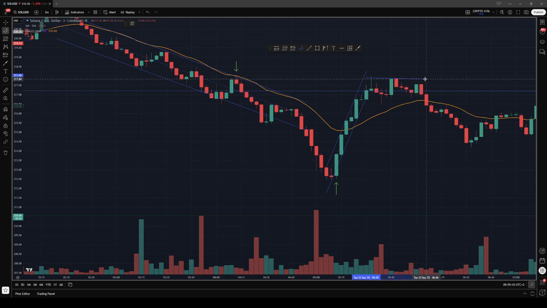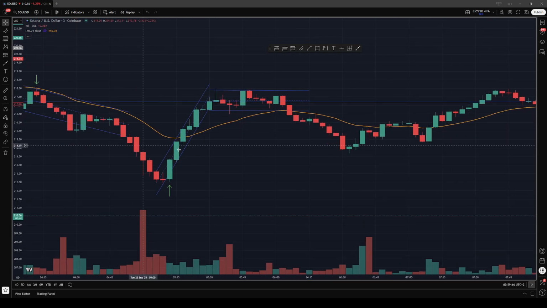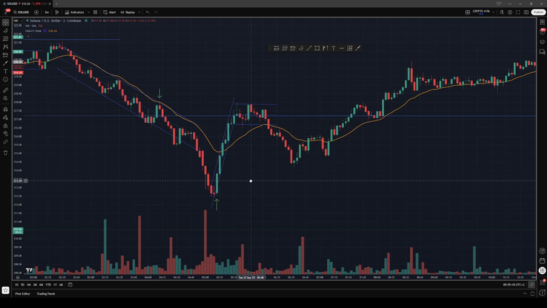So new high, see a little bit of jammed up price action again. First entry, no second entry, push down.